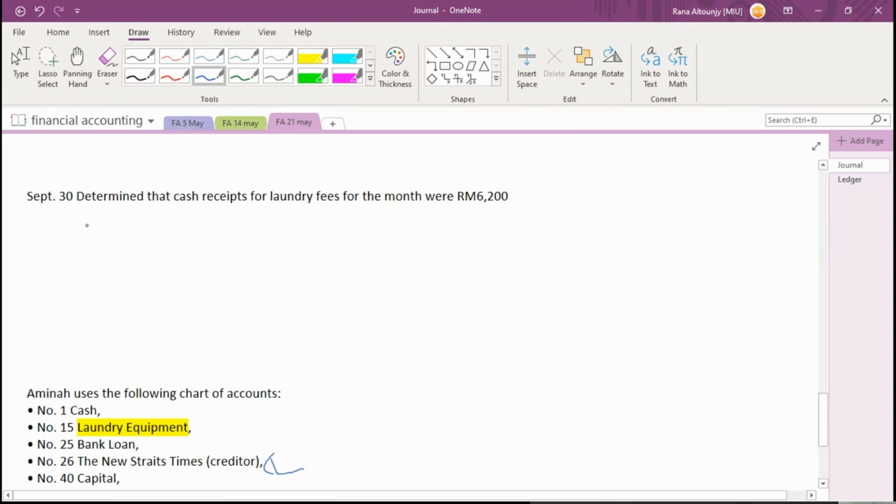We write September 30. The debit side is cash. Credit side is fees earned. So we have the amount 6,200.